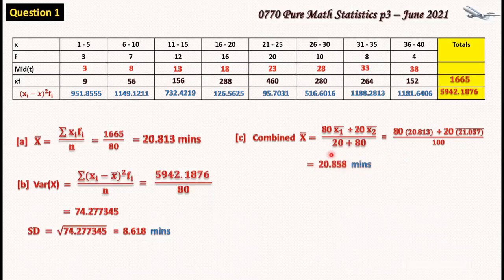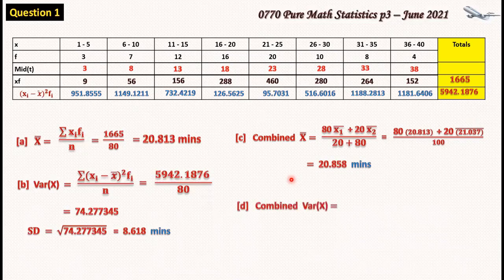And I'll still give my answer to 3 decimal places as it is throughout the question. Now, this is the combined mean, that's C, and D, they want us to find the variance of the time spent by the 100 customers. So here they want us to give the combined variance.